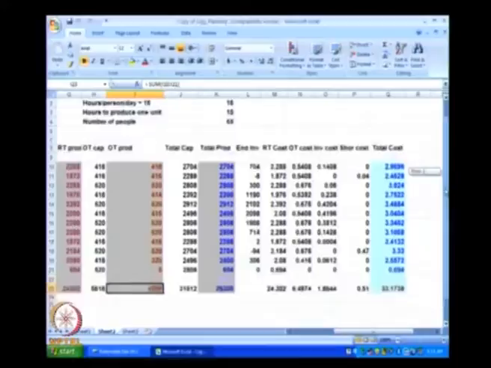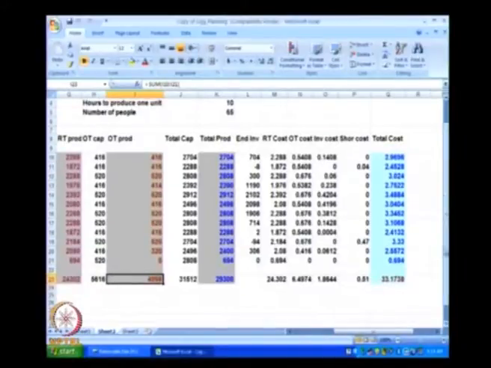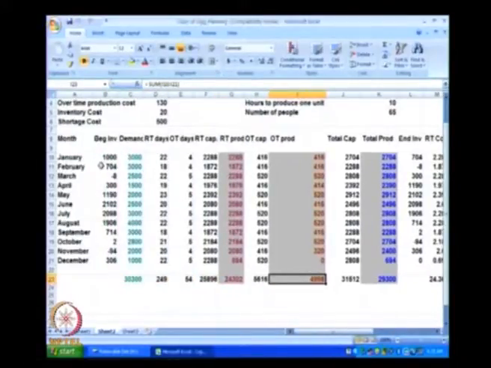Now, the ending inventory of January, which is 704, becomes the beginning inventory for February, which is shown here. Now, the user has to make a decision as to what the total production is.